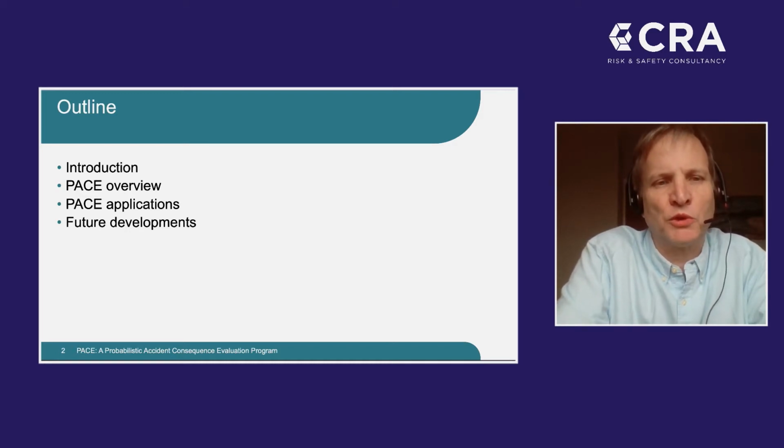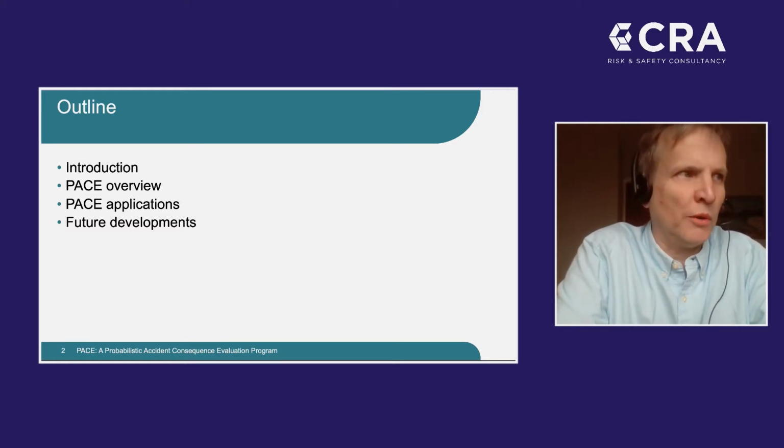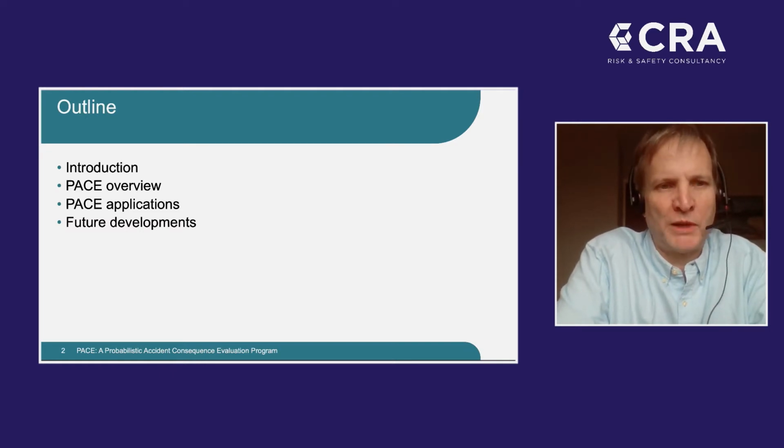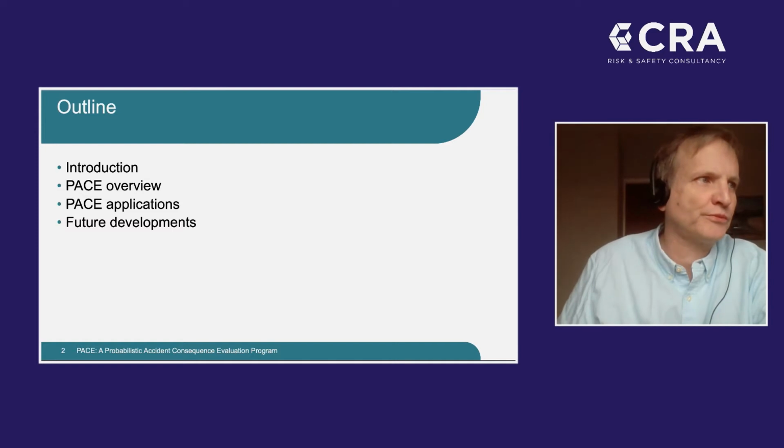But what I'll do is step through the stages of a PACE analysis, and that will give you some idea of what it's all about. I'll then briefly have a look at some of the places we've applied it and it can be applied, and finally I'll look at future developments, because PACE is something that we're actively developing and it's changing as needs change.